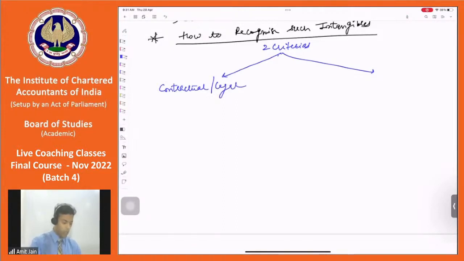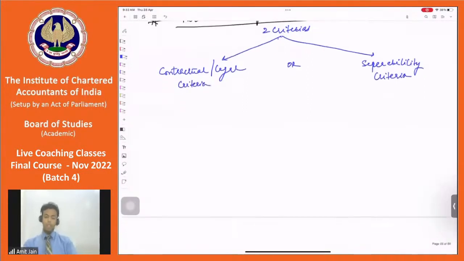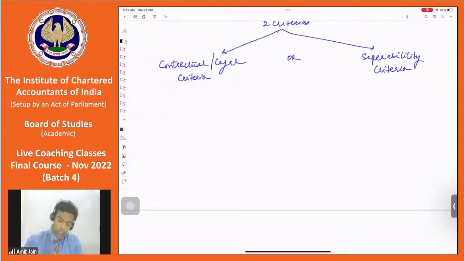One is contractual or legal, or separability criteria. So it just needs to be satisfied in either of these two.